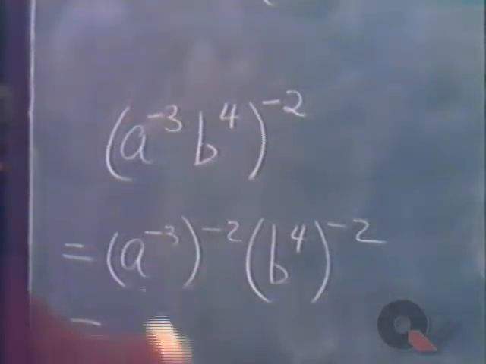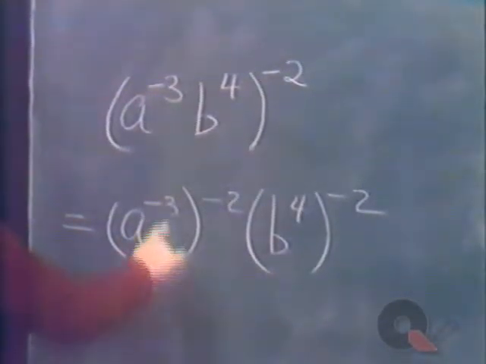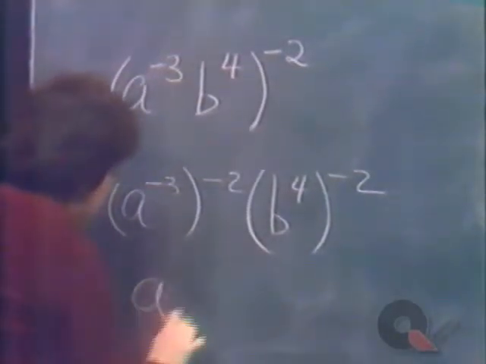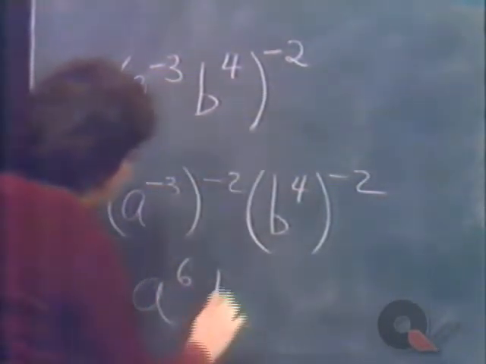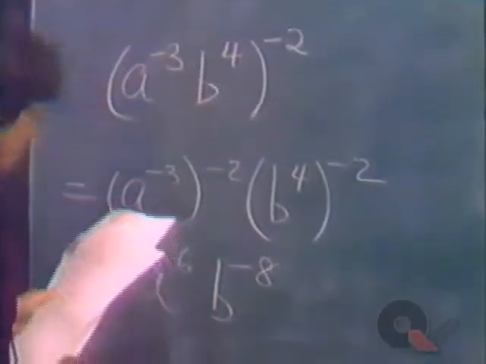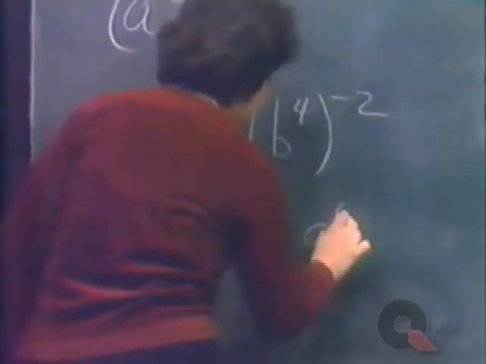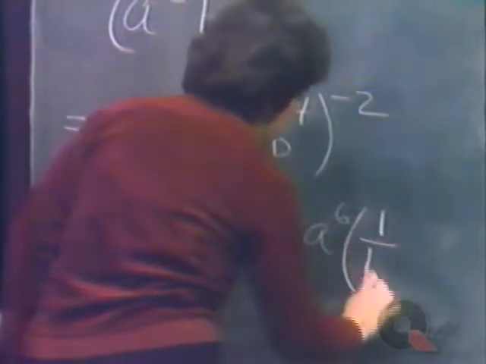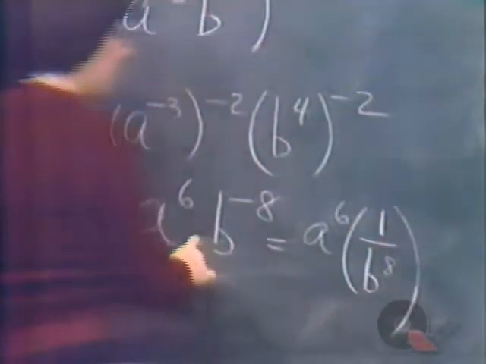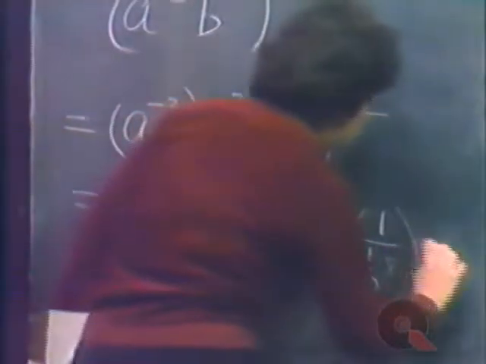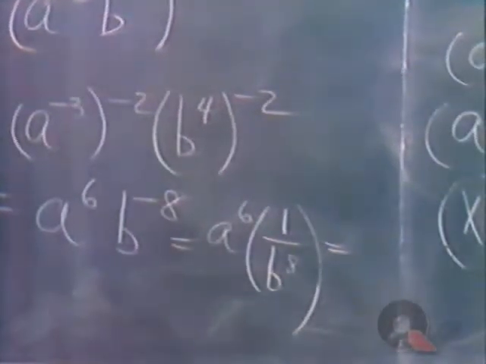Now you multiply. This is using Rule 3. You have the two powers together. You're going to multiply the powers. You get a to the 6th, b to the minus 8th. And of course, this can be written as a to the 6th times 1 over b to the 8th, because b to the minus 8 is 1 over b to the 8th. We want to keep our tradition of having answers with only positive exponents.